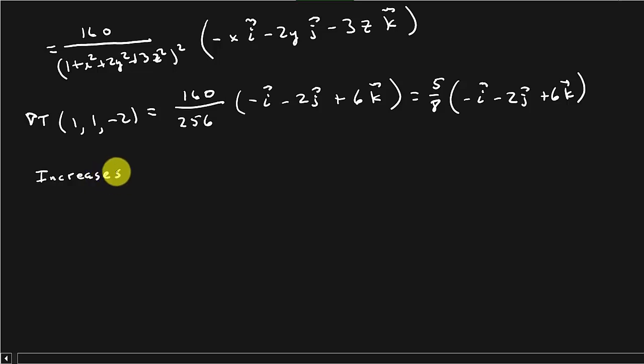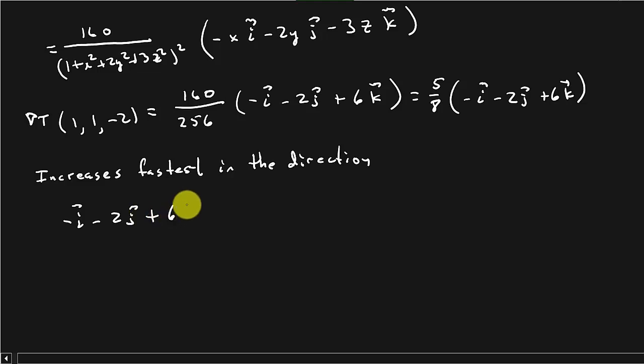So it increases fastest in the direction negative i minus 2j plus 6k. And that can be your answer.